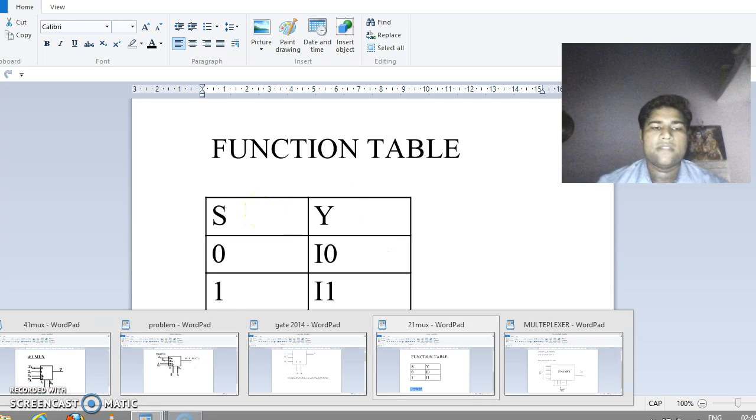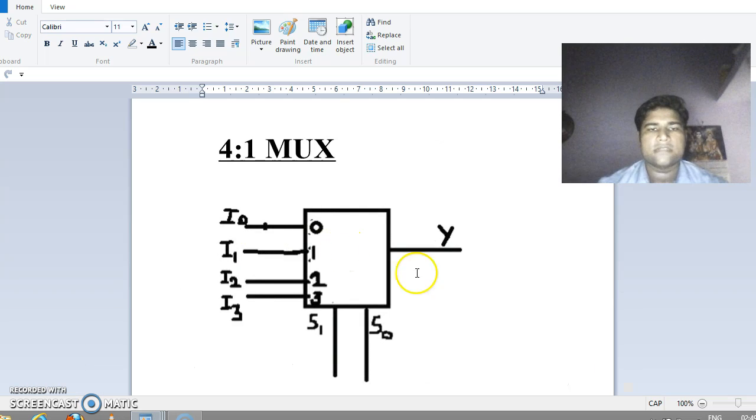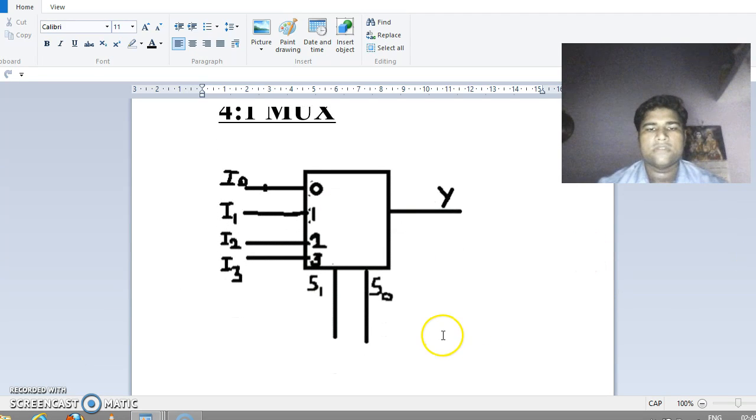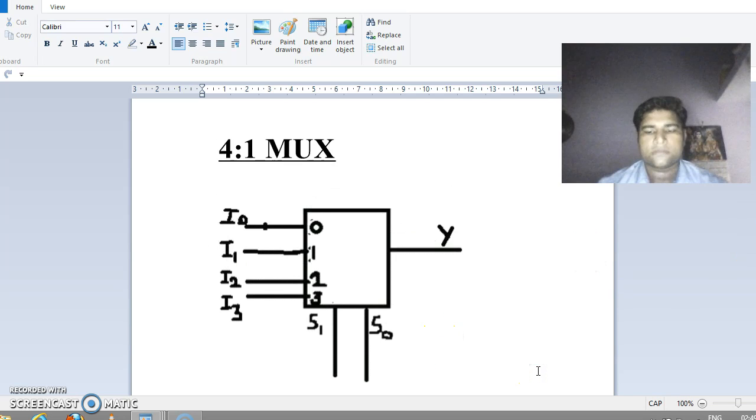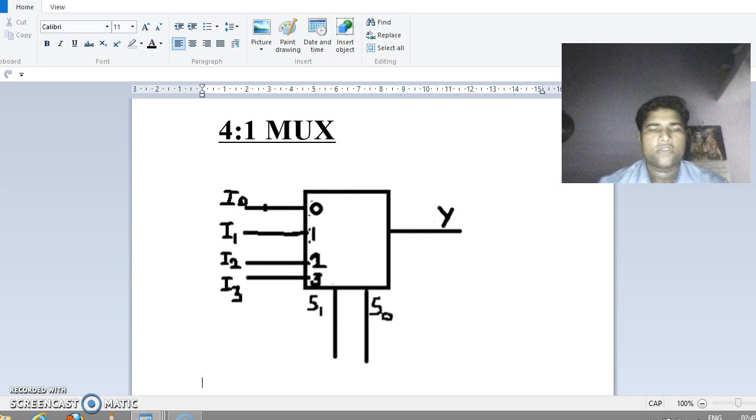Now we will find the Boolean function of a 4:1 multiplexer. Now see, this is the 4:1 multiplexer. In this we have 4 inputs, and 2 select lines and 1 output. Now how can we find Y very easily? I will show you. Firstly take these 2 select lines and assign the numbers 0, 1, 2, 3. How?